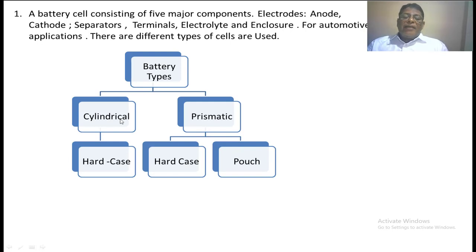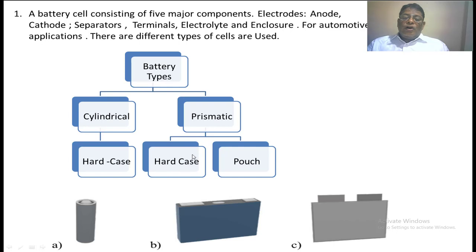In case of cylindrical battery, it is a hard case, nothing but the outer surface of the battery is hard. In case of prismatic battery, there is a hard case as well as a pouch type. But in case of pouch type battery, the surface of the battery is not that hard. Generally, in case of EV, we are using the hard case and pouch type batteries.